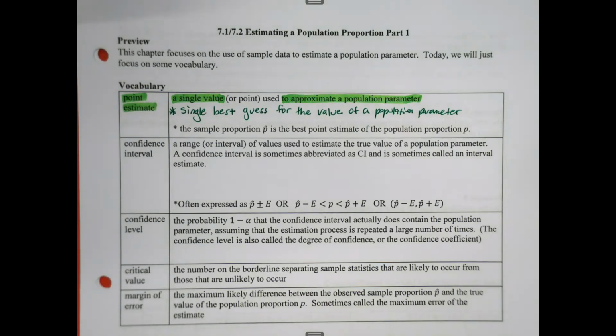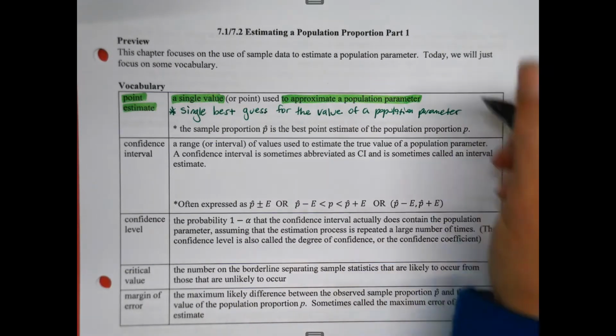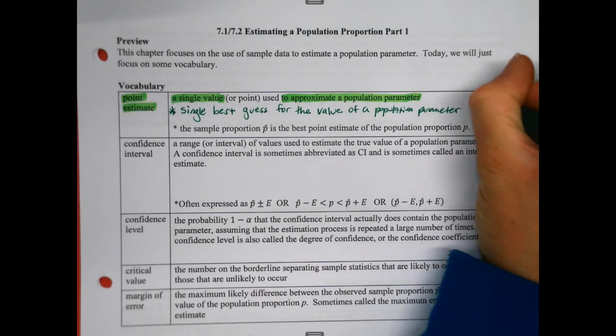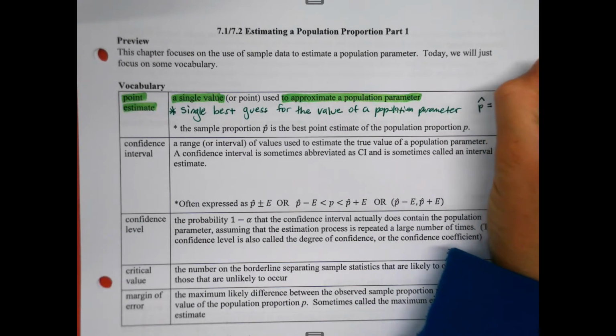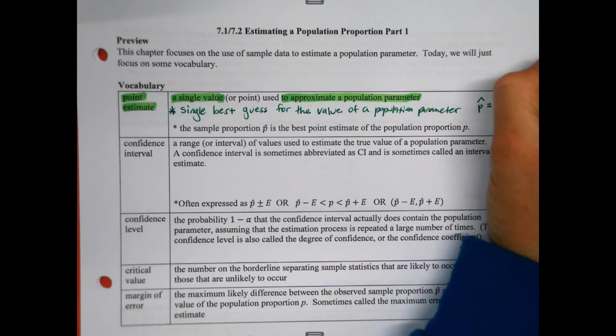The best guess that we would have for a population proportion would be what they call p-hat, or the probability for a sample. So p-hat is going to be the number of successes divided by the number of trials.